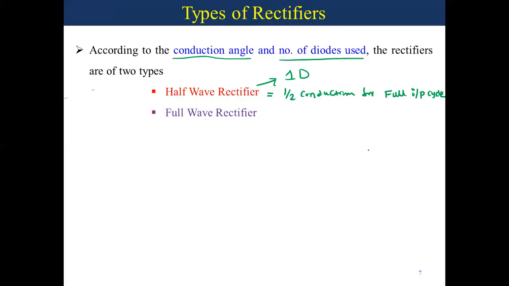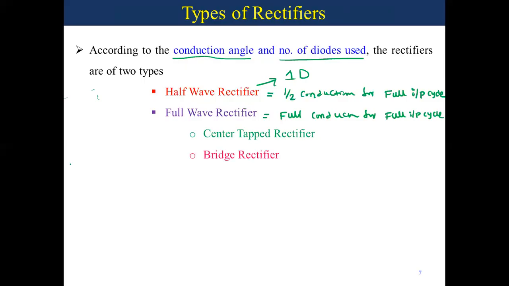Then full wave rectifier. Full wave rectifier means there is full conduction for the full input cycle. There are two types of full wave rectifiers: center tapped full wave rectifier and bridge full wave rectifier.